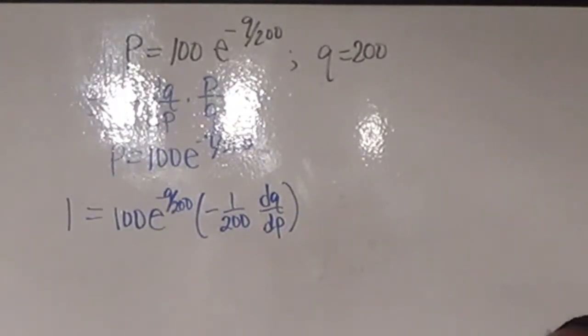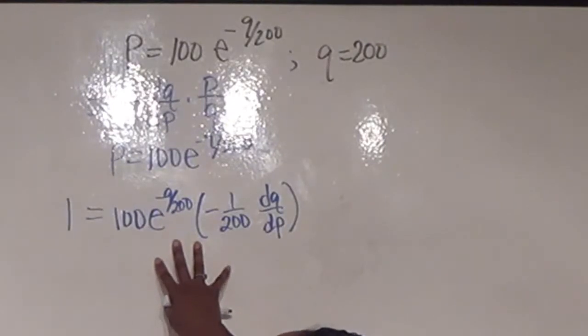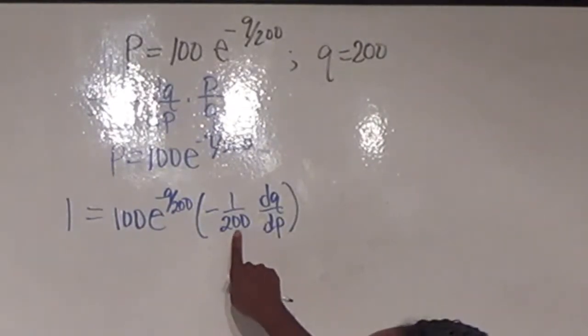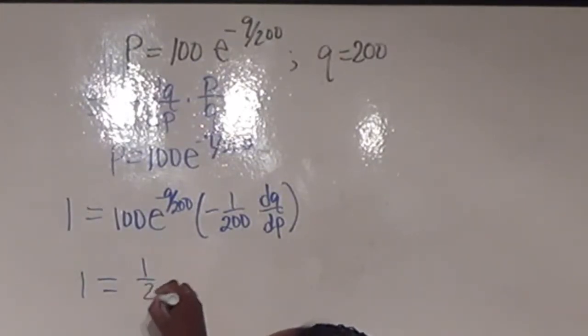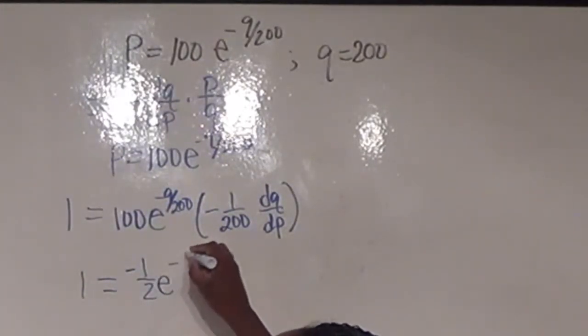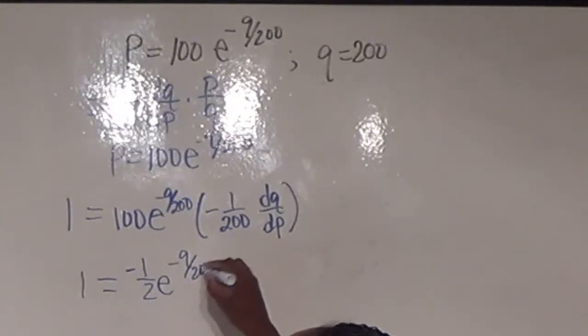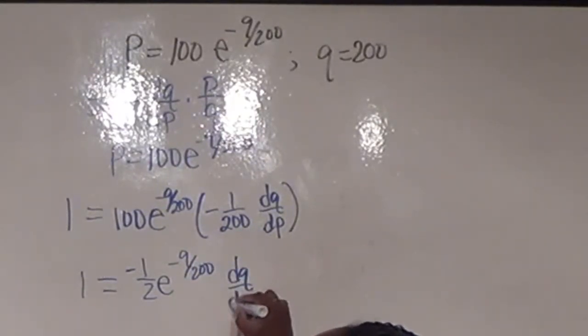Okay. Again, we want to simplify, so we want to isolate that dQ/dP. So here, 100 over 200 is just a half. So I'm looking at 1 equaling 1/2 times negative e to the negative Q over 200, dQ/dP.